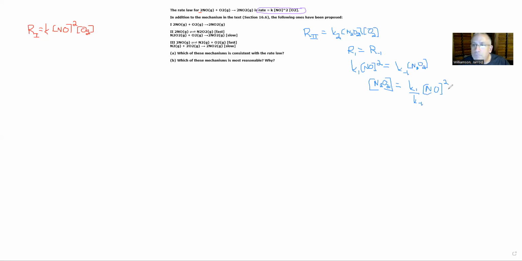I'm now going to take this and substitute it into here. That's going to give me the rate from mechanism 2 is equal to, and I'm going to leave the k2 in the front. Let me move this down a little bit.